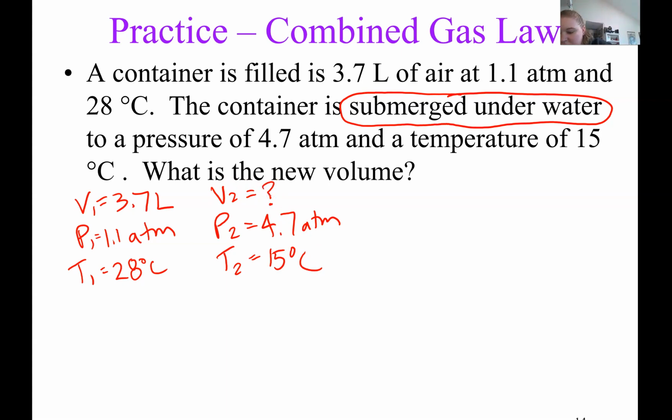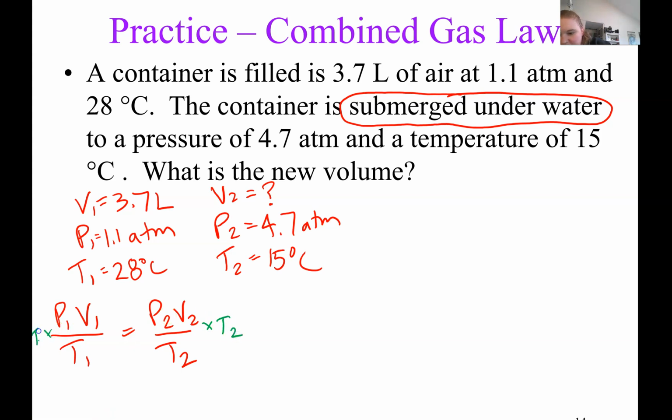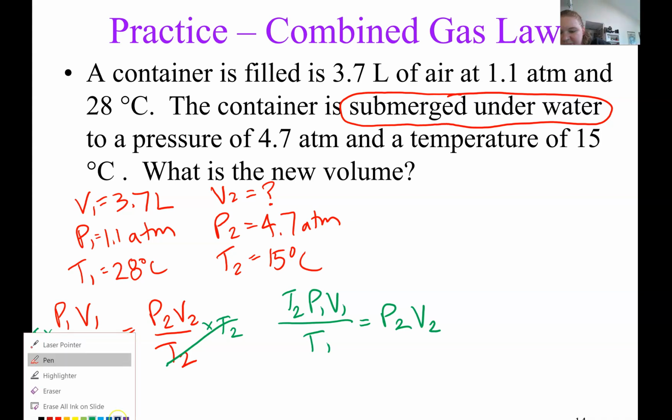Okay, so our combined gas law, P1V1 over T1 equals P2V2 over T2. And I know that I'm solving for volume 2, so I'm going to do a little bit of rearranging. I'm going to multiply both sides by T2. So it's canceling out over there. And then I'm going to divide both sides by P2.